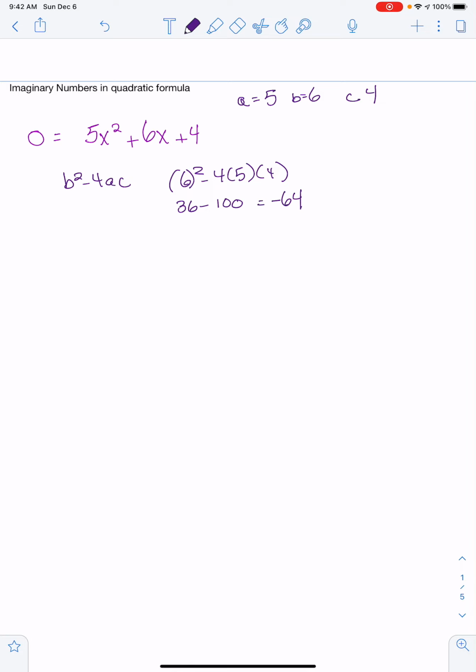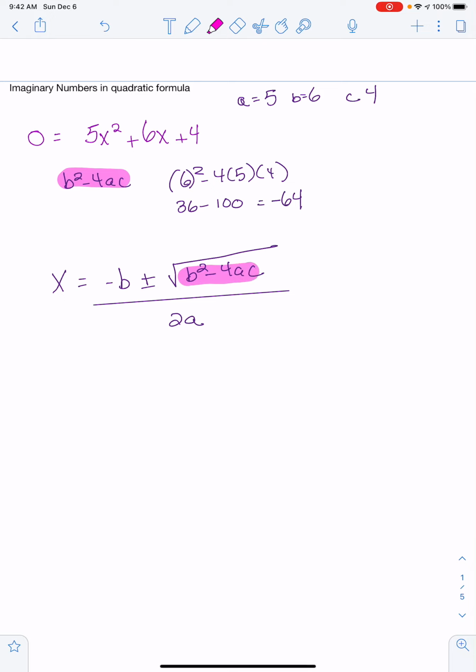And so if you remember the quadratic formula, x is equal to negative b plus or minus the square root of b squared minus 4ac all over 2a. This part right here is the part that goes in here. And because it's negative, you're going to get two imaginary solutions.